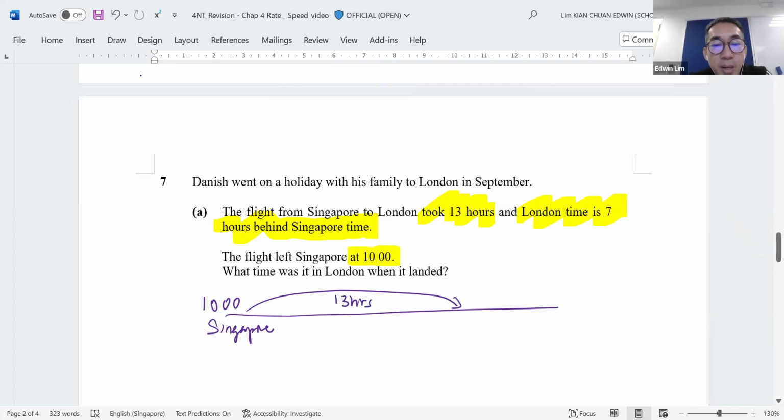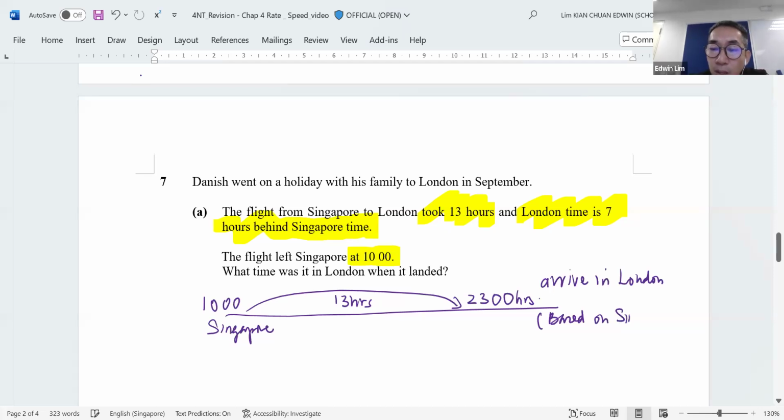So by the time I land in London, but in Singapore time, I will have 23:00 hours. All right, arrive in London, but based on Singapore timing.